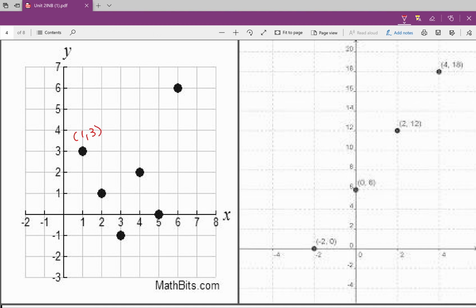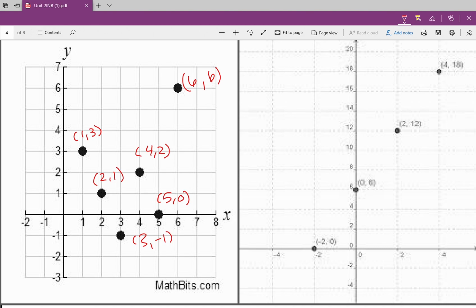So 1, 3. This one is 2, 1. This one is 4, 2. This one is 5, 0. This one's 6, 6. And then this one is 3, -1.